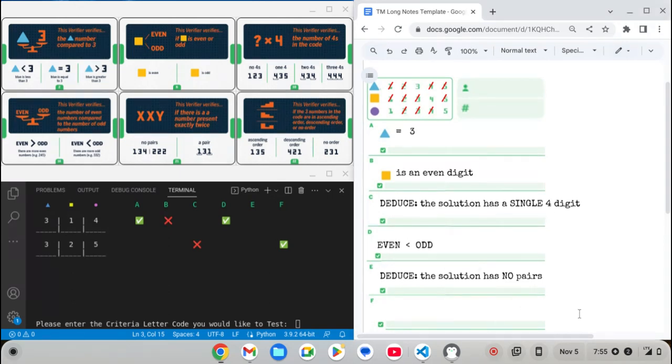So let's go and type that up. So the solution has no order. Okay, and so based on that, it looks like the solution should be 341.